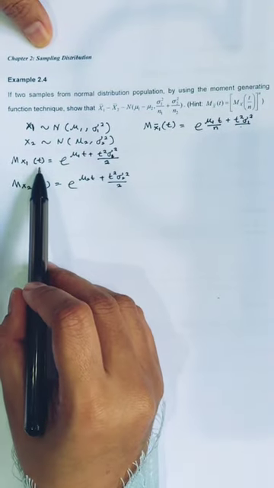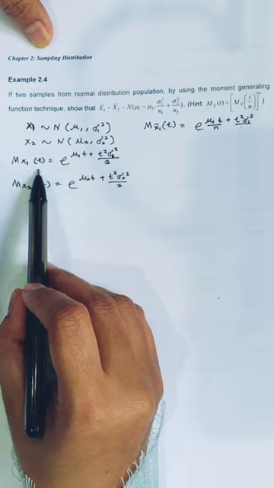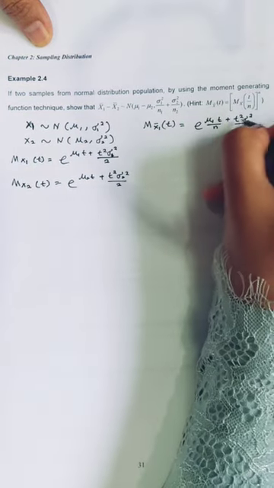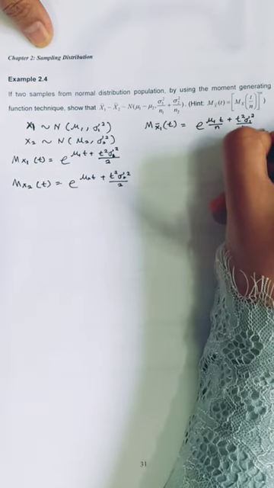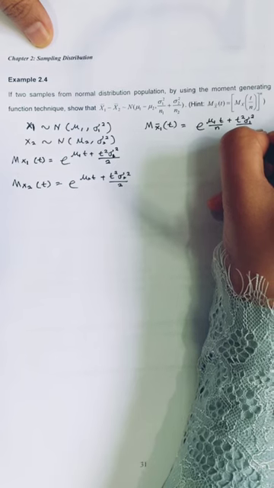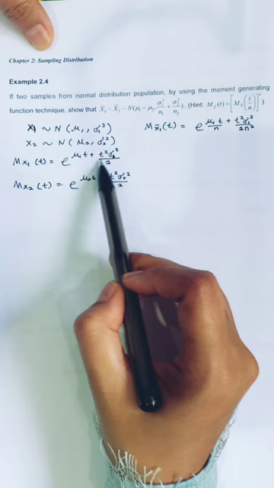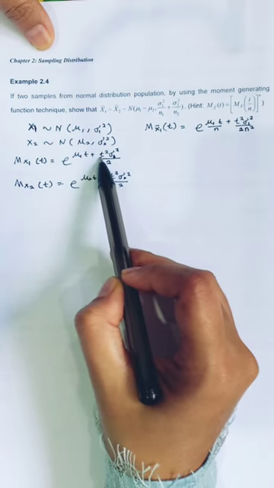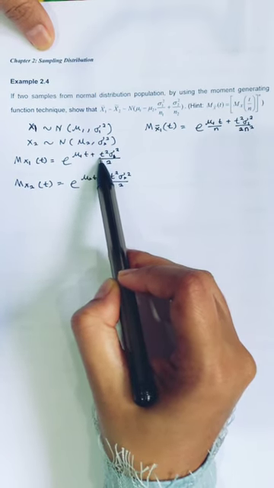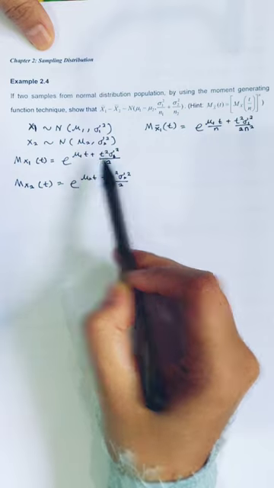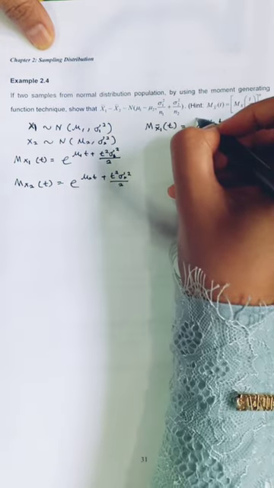So you replace t with t over n here, so here will be 2 n square, right? And then power of n.